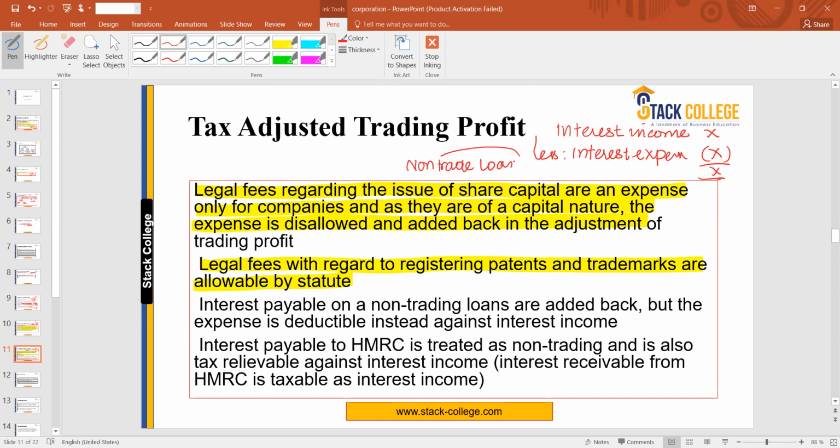If interest expense arises as a result of a trade loan, such as when you buy plant and machinery and take out a loan for that, then it's a loan for trading purposes. So if interest payable on a non-trading loan has been deducted in the profit and loss account, we have to add it back, and then deduct that expense from the interest income in the main pro forma.